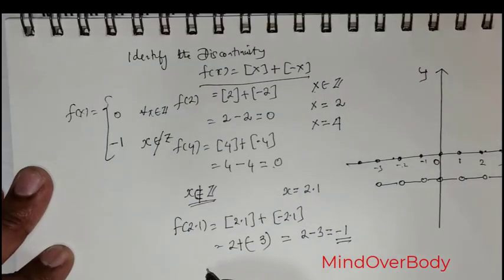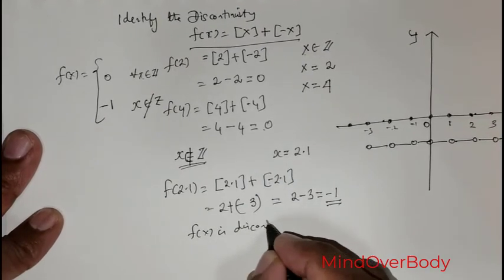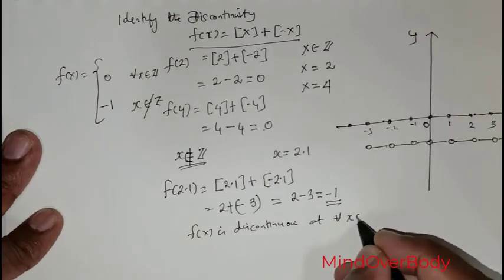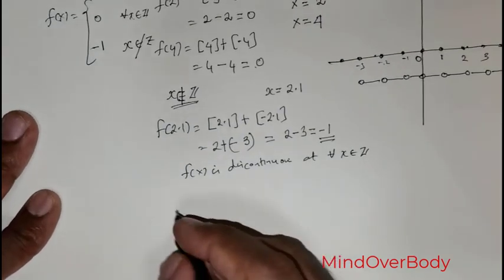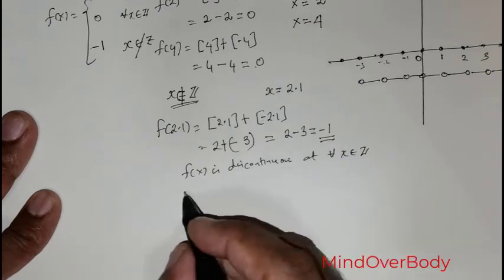Now clearly we can say that f of x is discontinuous at every x element of z, but this is not of much importance to us. We will have to find out the discontinuity of the function at any given point.